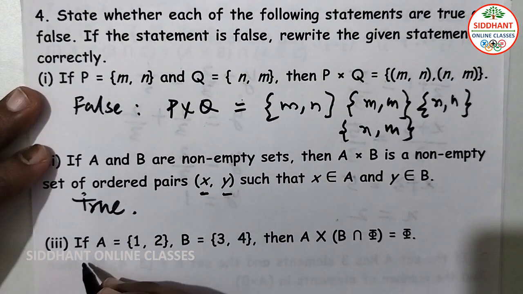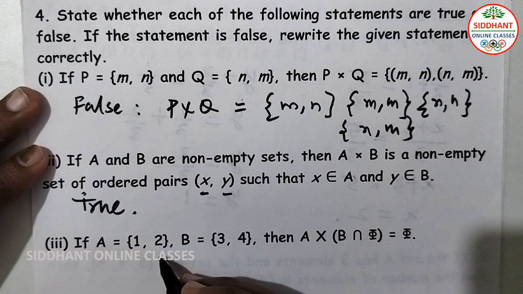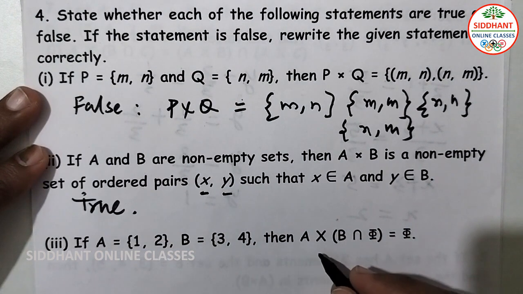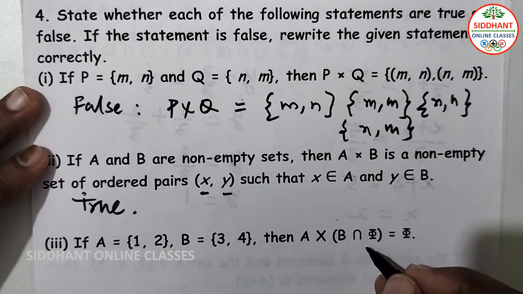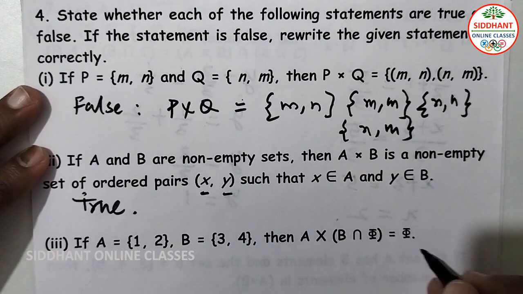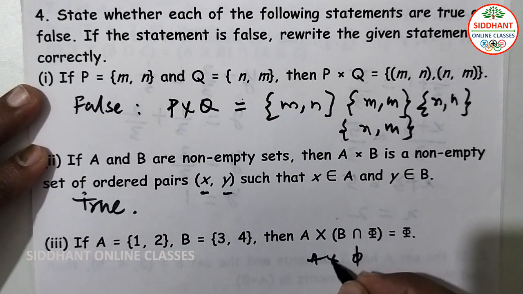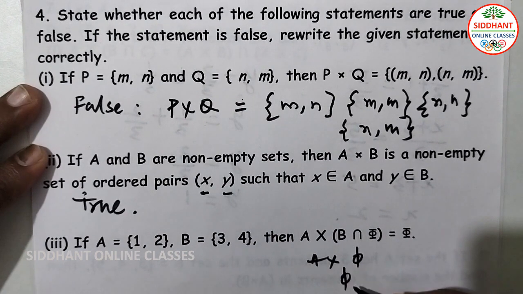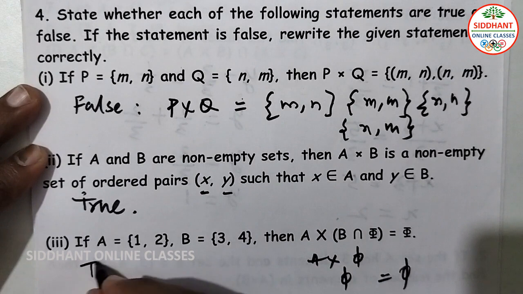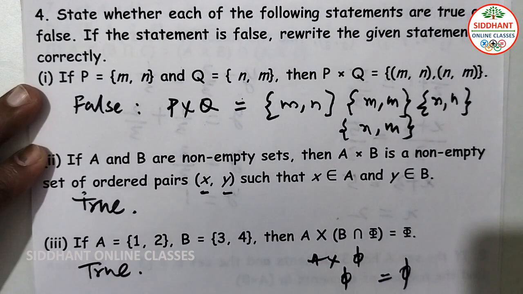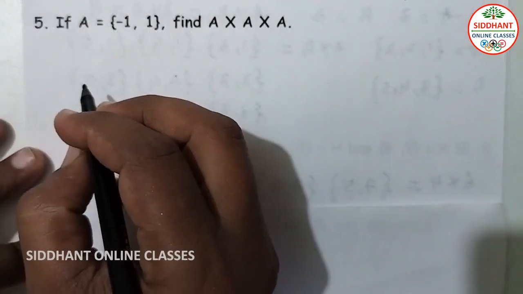Third one, if A is {1, 2}, B is {3, 4}, then A cross (B intersection null) equals null. So first B intersection null, you are going to say it is a null. Then A cross null will be null. So that will be null. So this statement is true here.